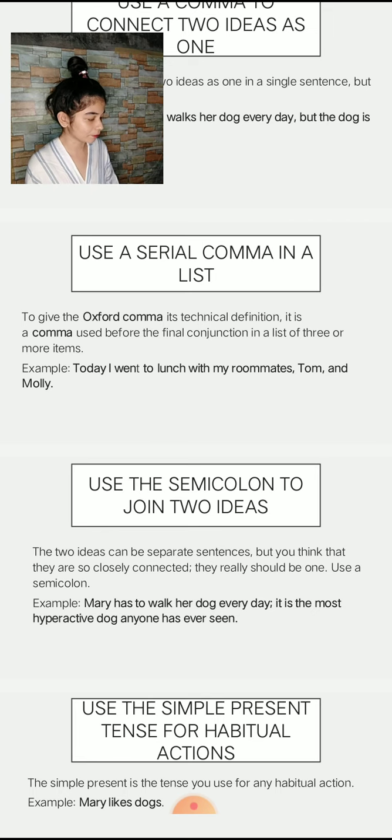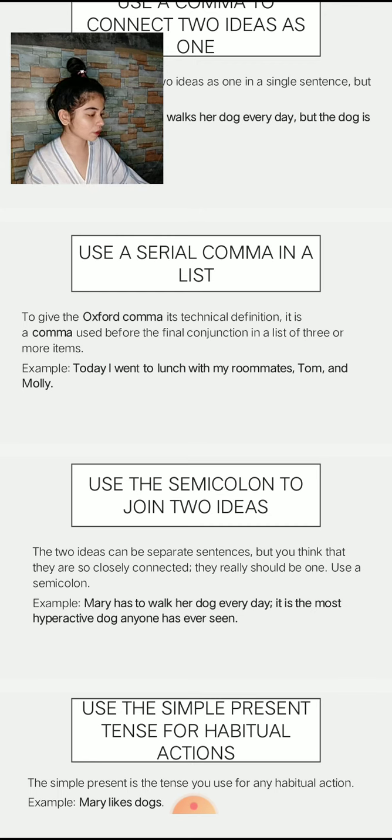For example, today I went to lunch with my roommates, comma, Tom and Molly. As we observe, there is a comma after the word roommates because there is a subject that follows. That is why we use a serial comma.